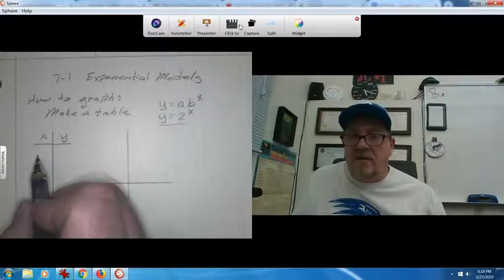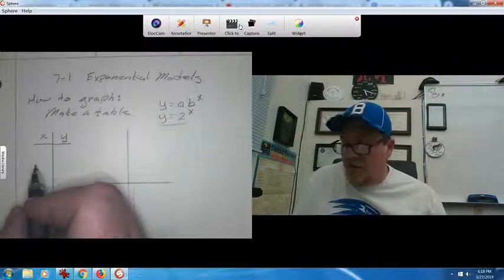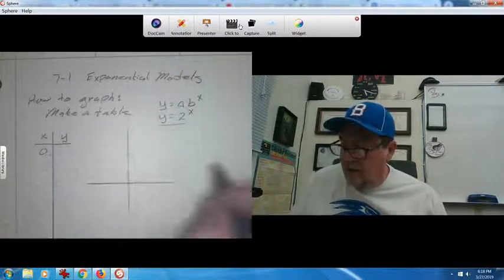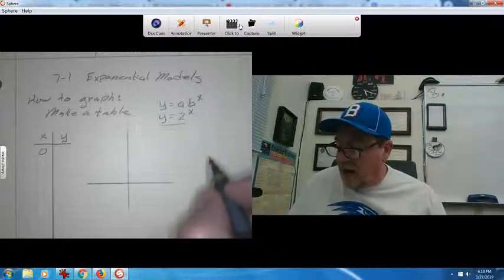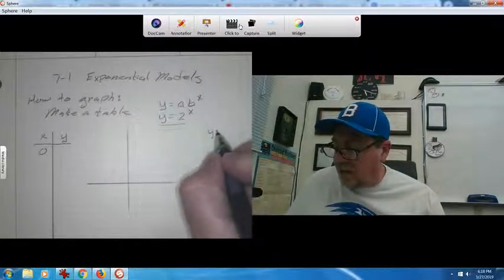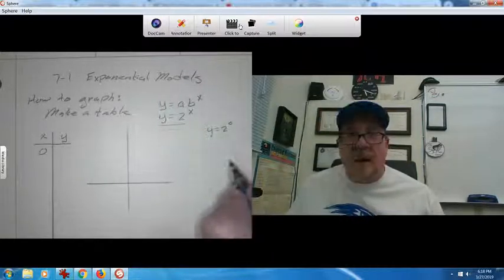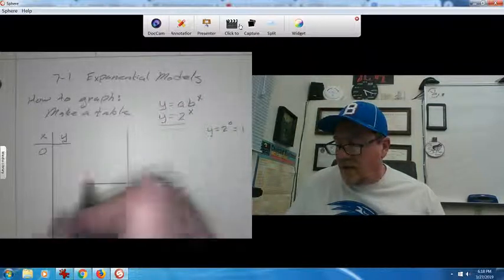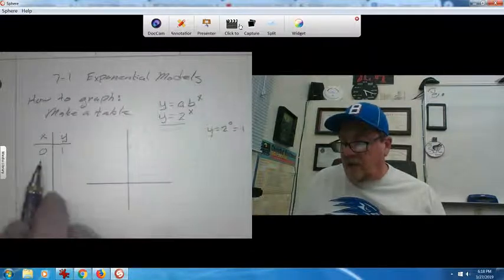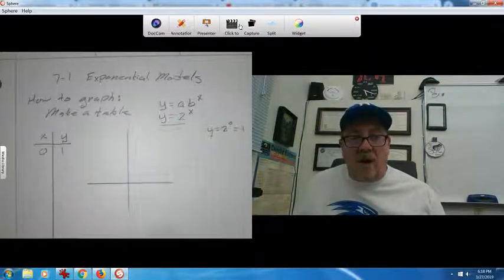Let's start with 0. Anything raised to the 0 power is 1, so y equals 2 to the 0 power is 1. So when we plug in 0 for x, we get 1 for y.